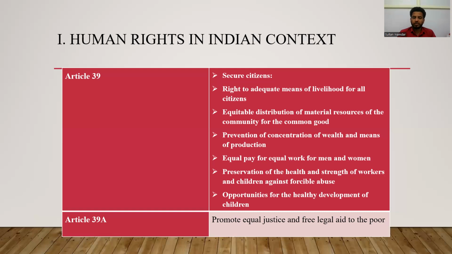Along with that, it promotes equal justice and free legal aid to the poor. If a particular victim is willing to get justice from the judiciary, that person is supposed to get legal assistance, and this assistance is provided by the government. And many times you might see that government advocates are appointed for such cases.